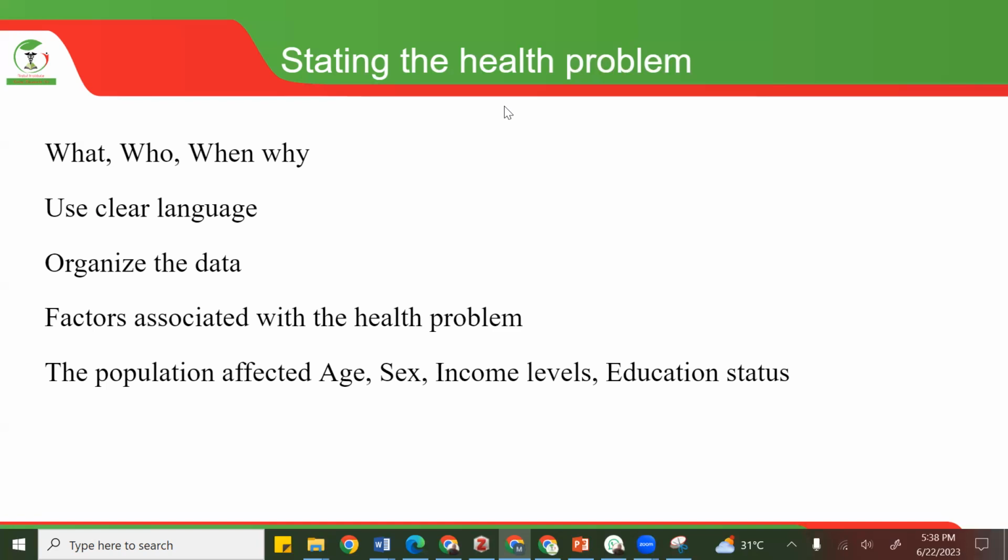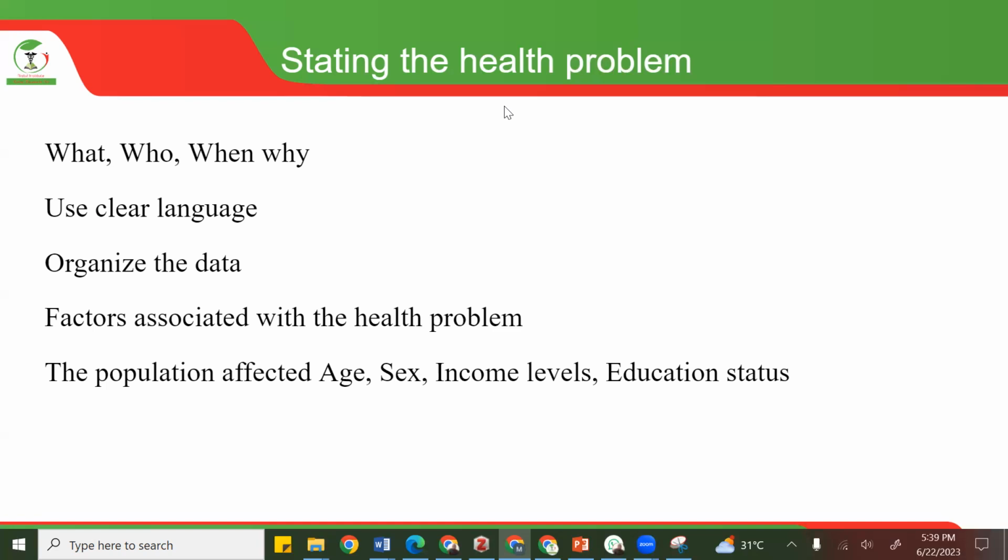Use language that is understandable and very clear. Clear and concise language is very important in writing such a report. Remember that this report is very important even for people who are not in the health sector. Remember, you are going to engage with the community leaders in designing this program.